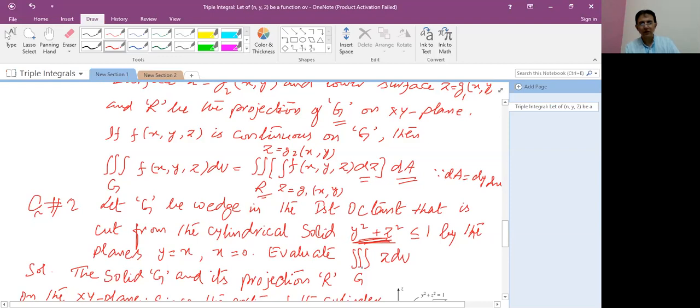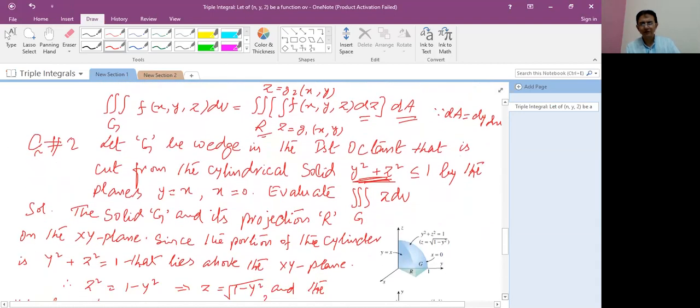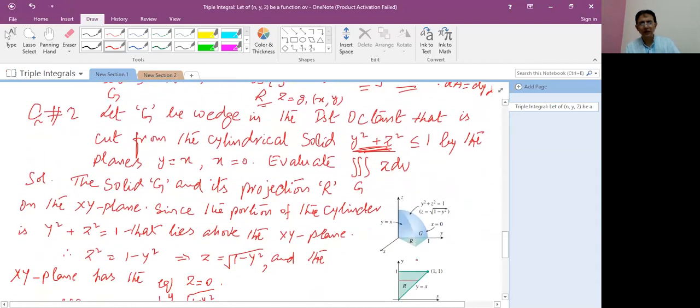Evaluate the triple integral over G of z dV. So now student, first we will consider the diagram. You see the diagram. With the help of the diagram, how can we find it? What is the wedge? This diagram is called a wedge.